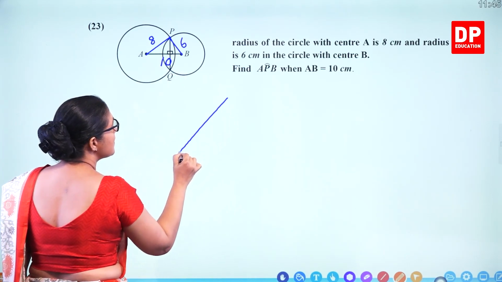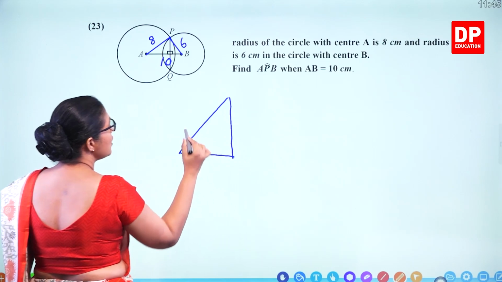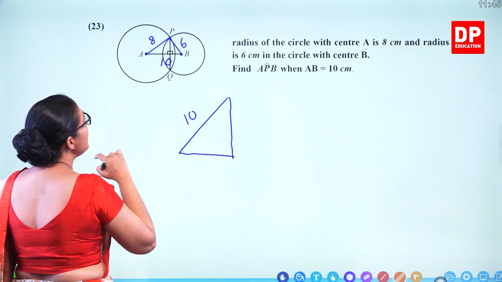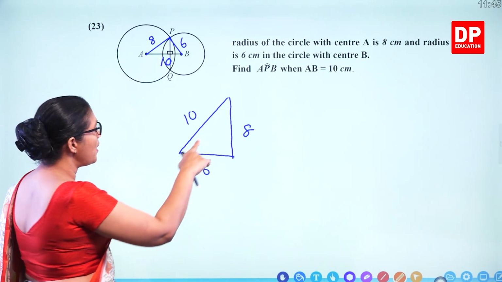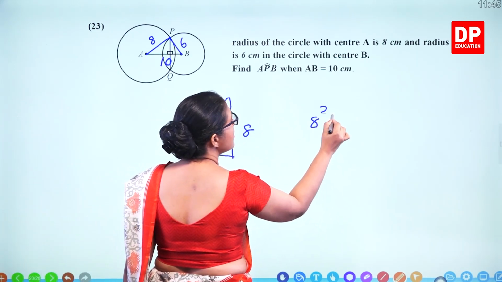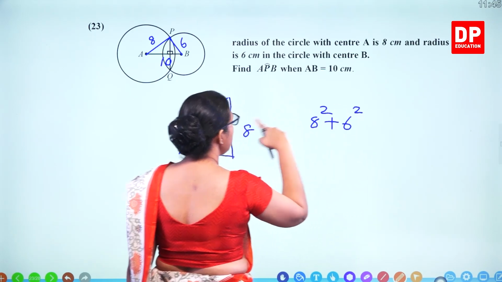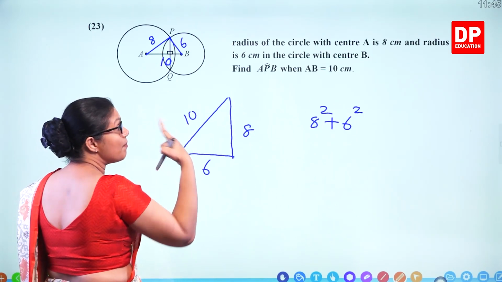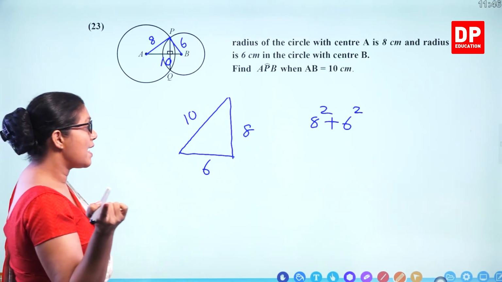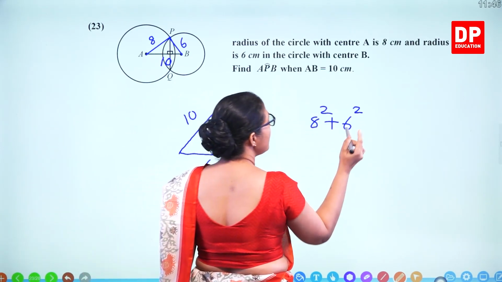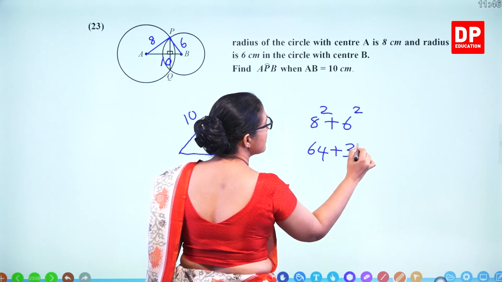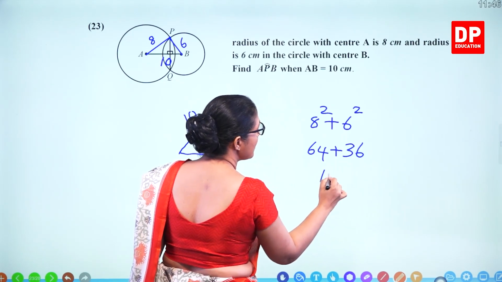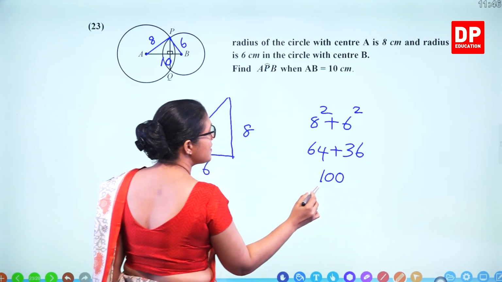Now we'll take that triangle. We don't know whether it's a right angle or not. We can check it. Longer side is 10. One side is 8. Other side is 6. So we'll check by squaring and adding these two sides. Longer side becomes the hypotenuse if it's a right angle. So 8 squared is 64, 6 squared is 36, and you get 100. 100 means 10 squared.